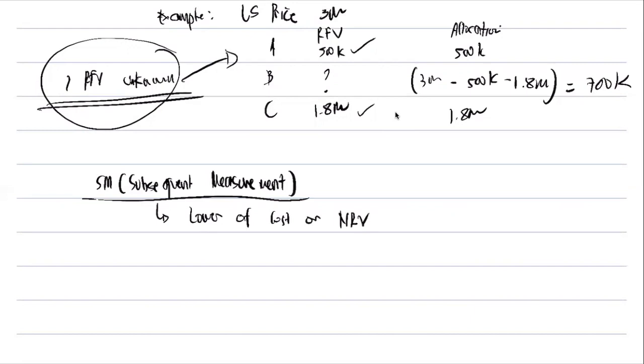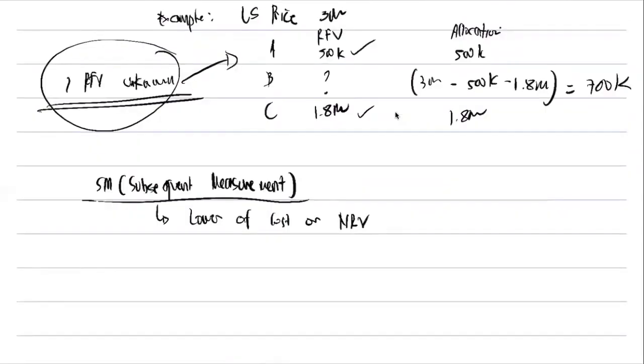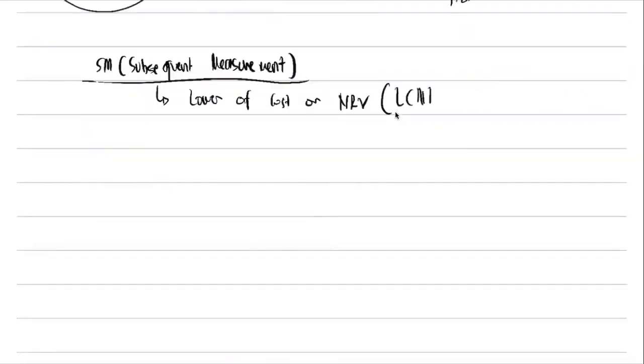Take note, this LCNRV is known as the impairment test of inventory. So if ever you are asked, what is the impairment test of cash? No impairment test of cash. Why? Stability of peso. Next, what is the impairment of AR? It is impaired through the doubtful accounts.